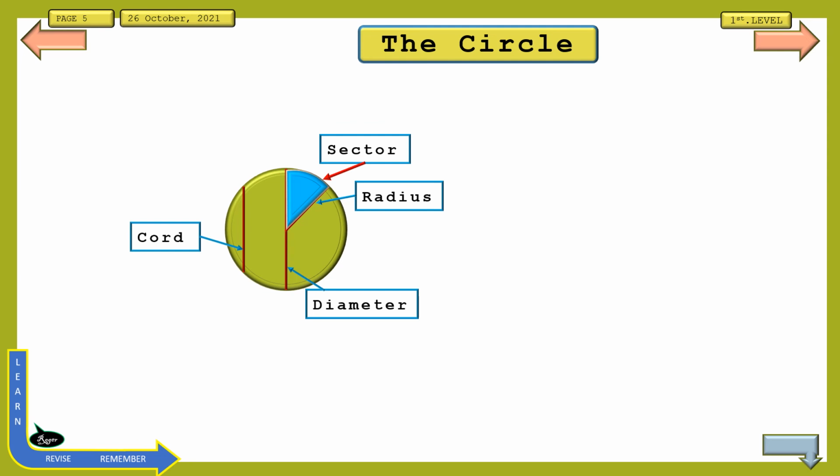At this point, I should mention the circumference is the line that goes all the way around the circle, and there is a formula to work out the length of the circumference. If we draw a line along the circumference of the circle, joining the end points of the chord and taking the shortest path, we have an arc.